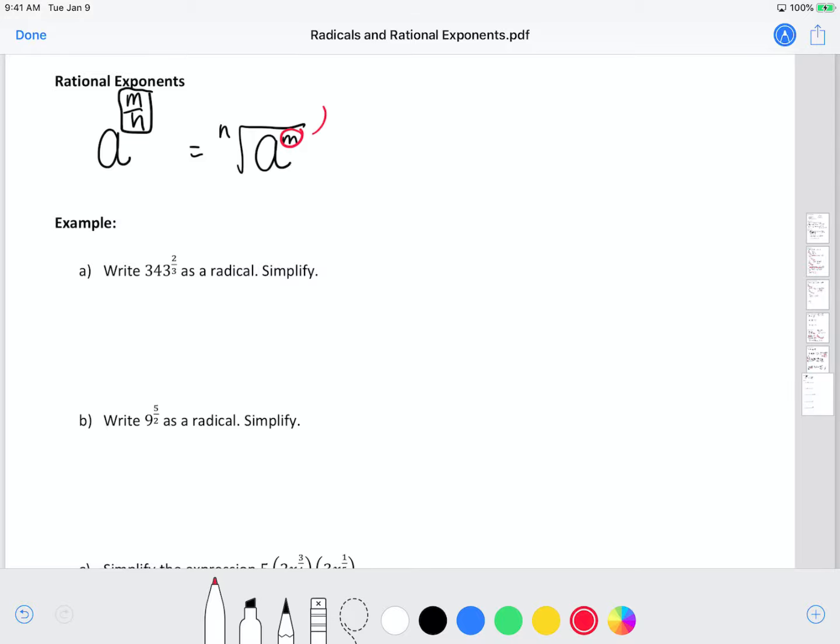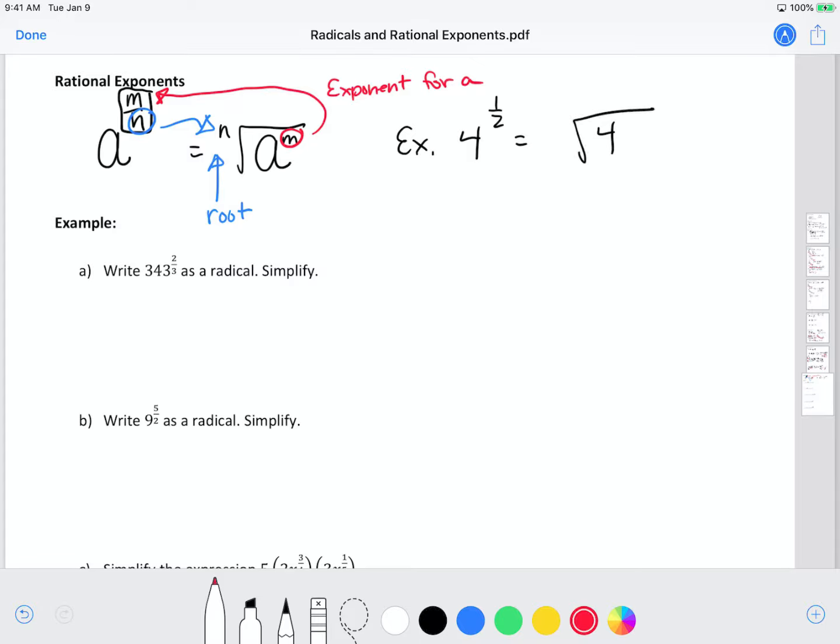The numerator of the fraction is the exponent for a, but the denominator in a fraction in the exponent is actually a root. So for example, if I gave you 4 to the power of 1/2, that's the same thing as saying 4, and then the numerator of the fraction goes on the inside here.